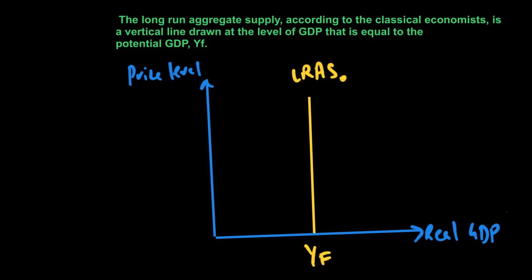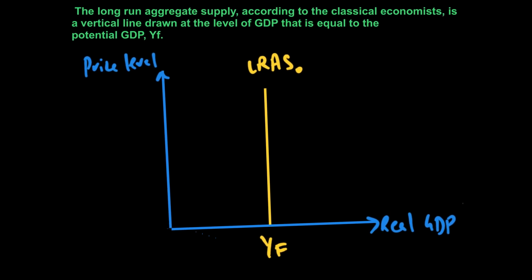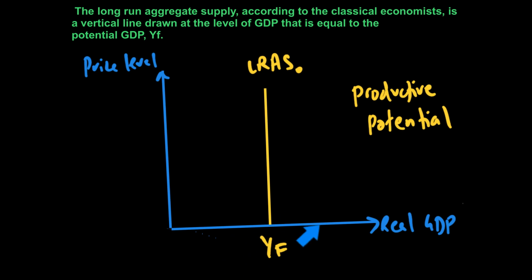According to the classical economists, this shows what we call the productive potential of an economy, because it is telling us when we use all our land, labor, capital, enterprise fully and efficiently, we are ending up with YF output.